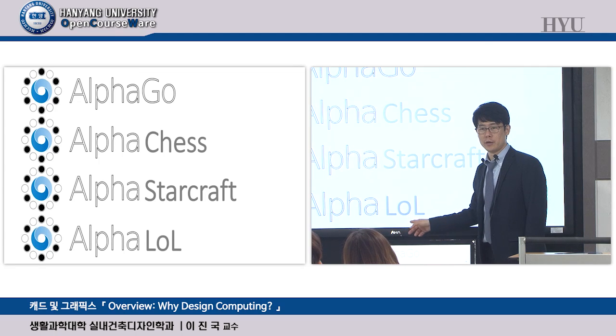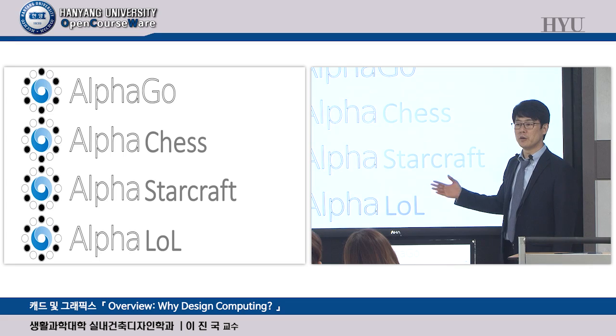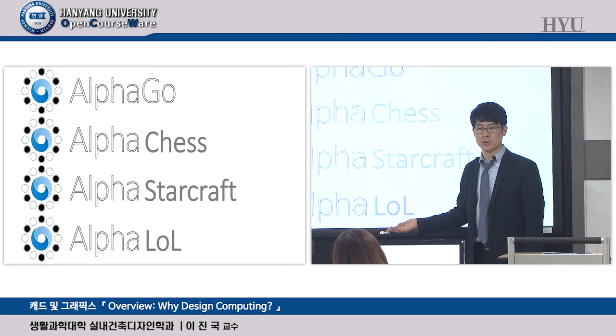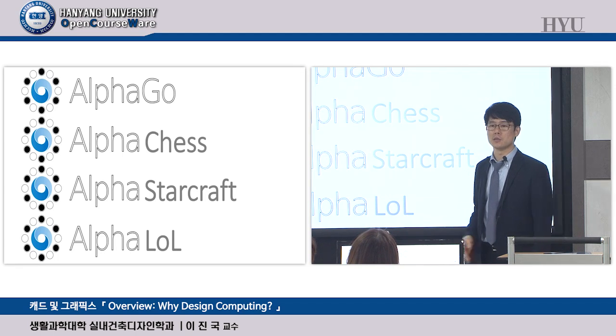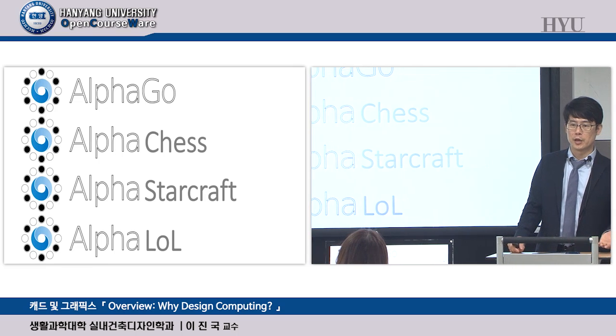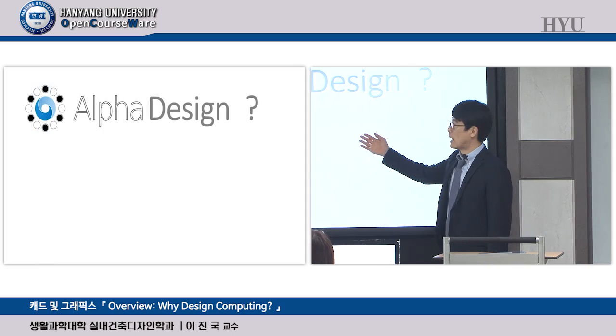Alpha role, okay? Possibly there could be a number of similar applications, software they can develop. Google or some leading computing technology people, some genius people. Okay, how about alpha design?